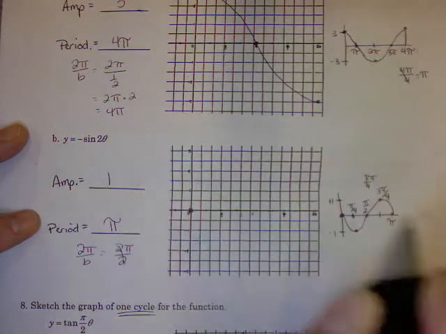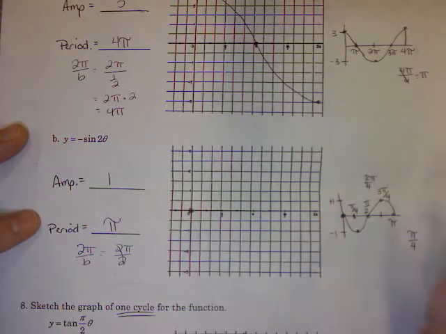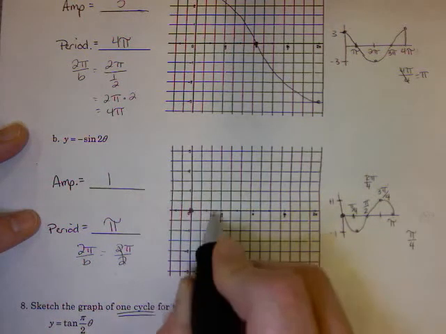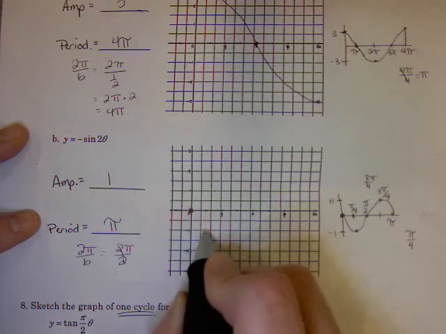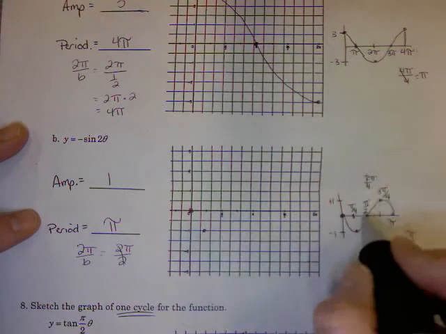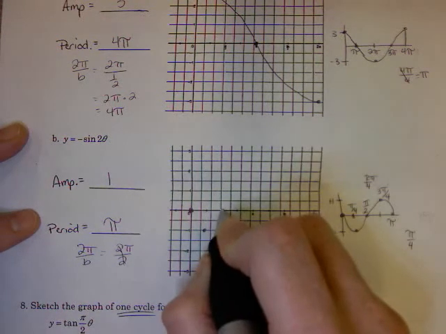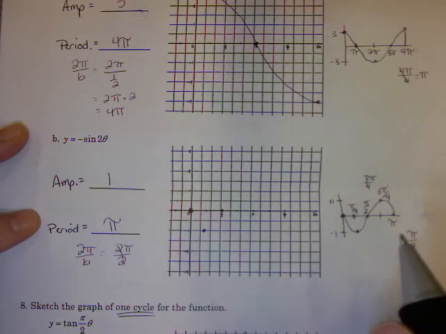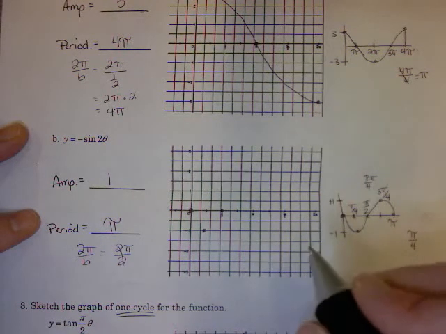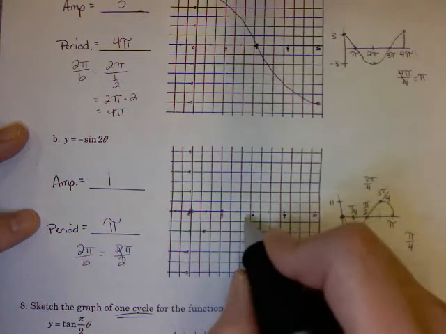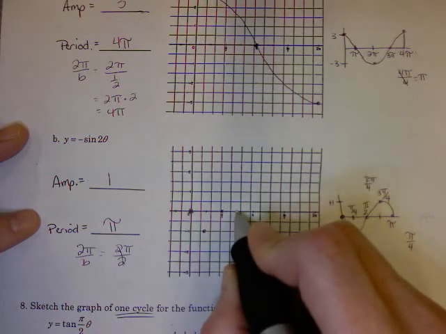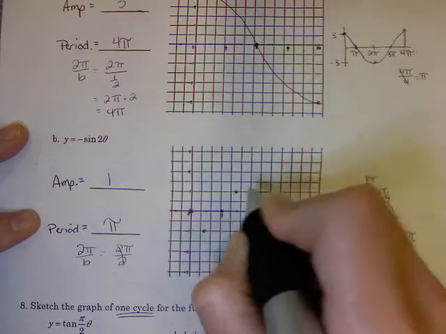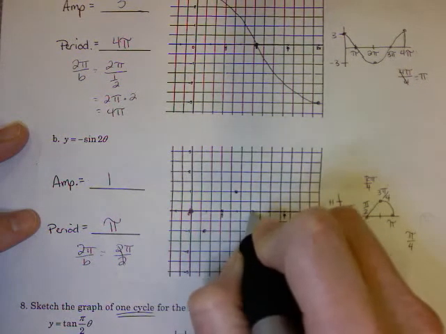0, 0 is the first coordinate. Pi over 4, which is this mark right here before pi over 2, is down at -1. Then at pi over 2, we're at 0. And then 3 pi over 4 is right here, and that's up at 1. And then back down at pi, we're at 0.